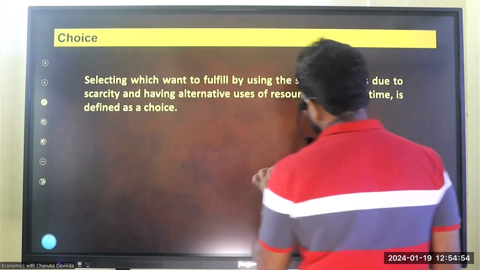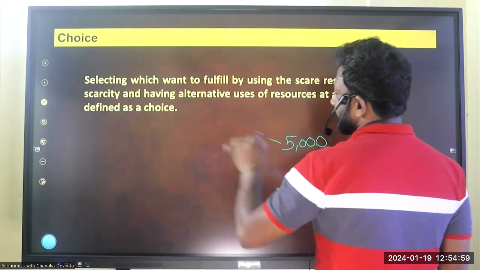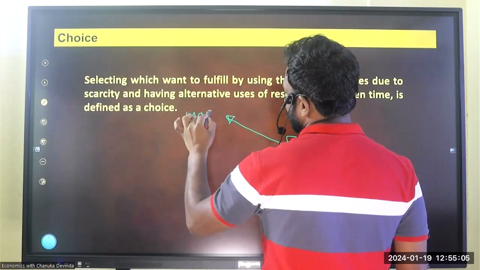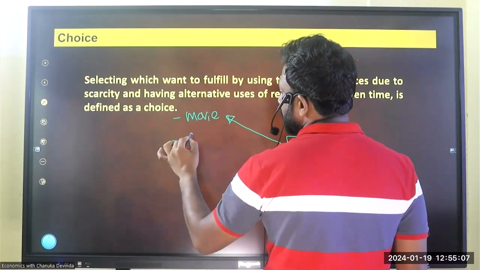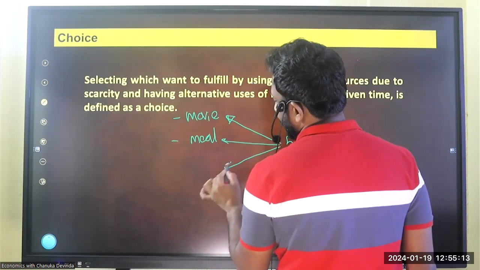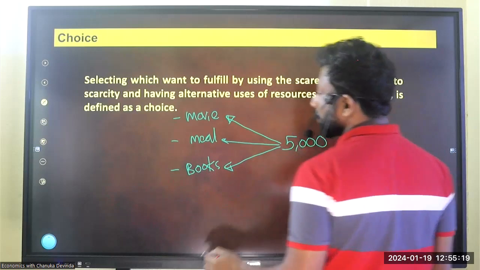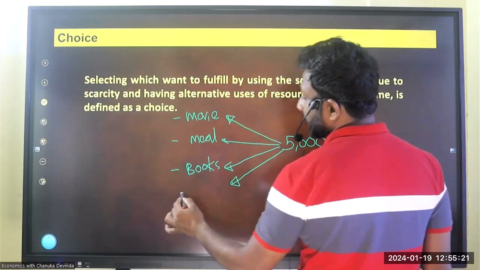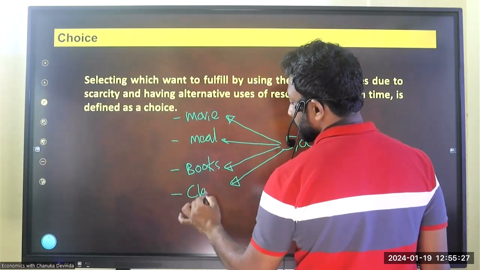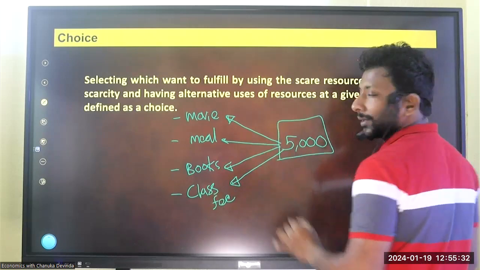Because let's say I have 5,000 rupees, and using 5,000 I can watch a movie, I can have a good meal, I can buy some books, past papers or model papers, or I can attend a new tuition class fee. But you only have 5,000.